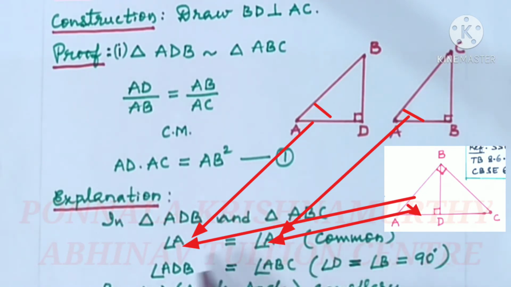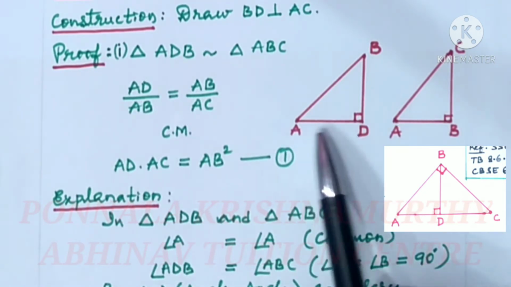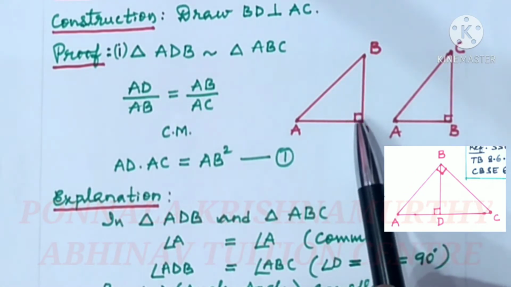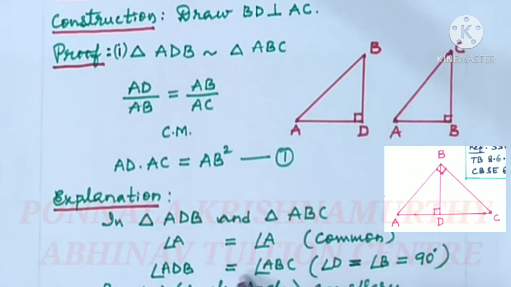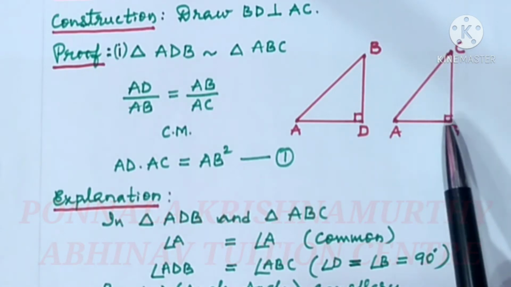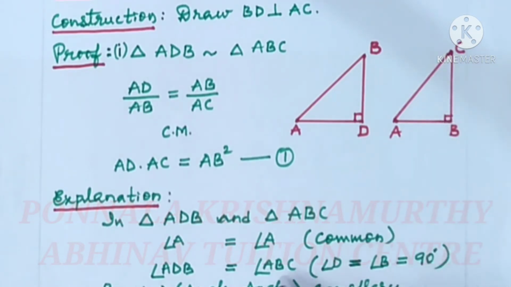Similarly, angle ADB is equal to angle ABC. That means here angle D and here angle B, both are equal to 90 degrees. So these two are equal.